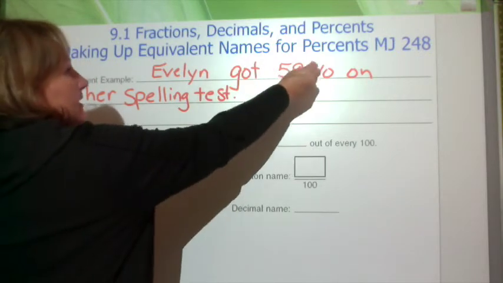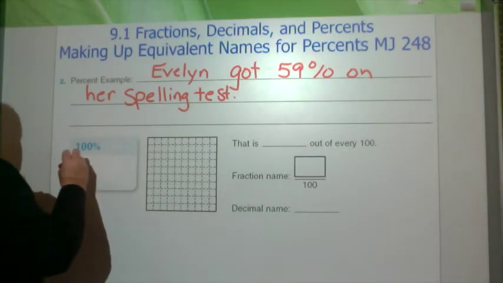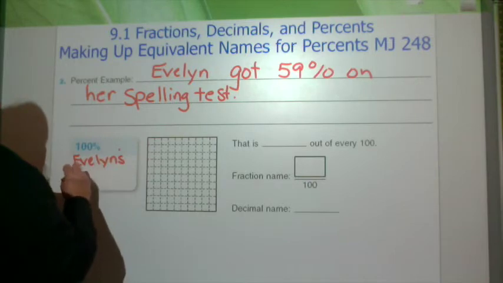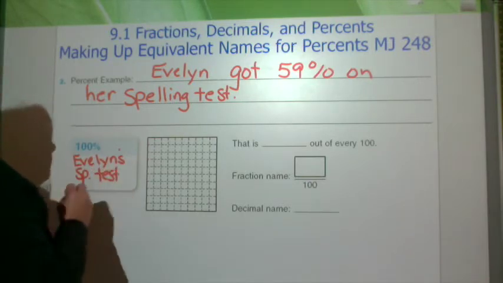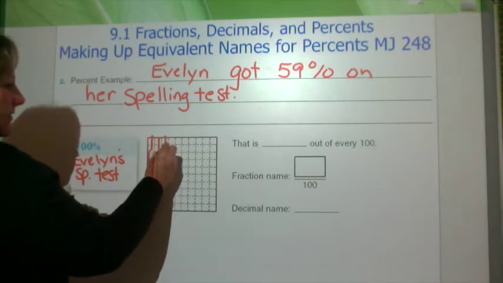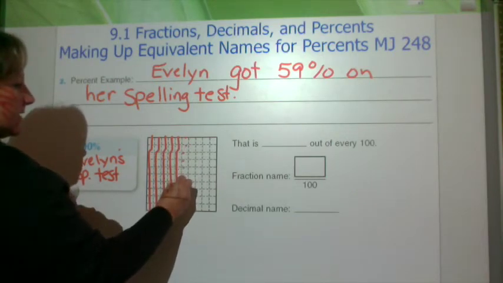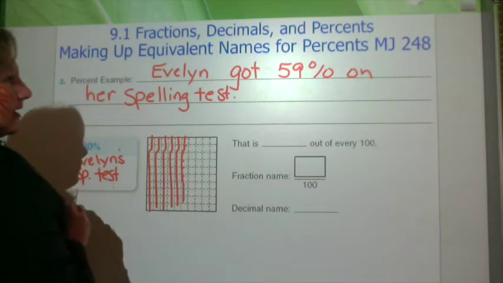Again, you can change this to whatever you want it to say. So this would be Evelyn's spelling test. I'm going to abbreviate. We're going to fill in 59, 10, 20, 30, 40, 50, 1, 2, 3, 4, 5, 6, 7, 8, 9, all the way down to there.